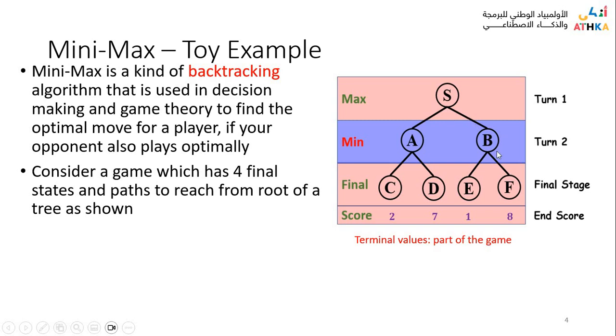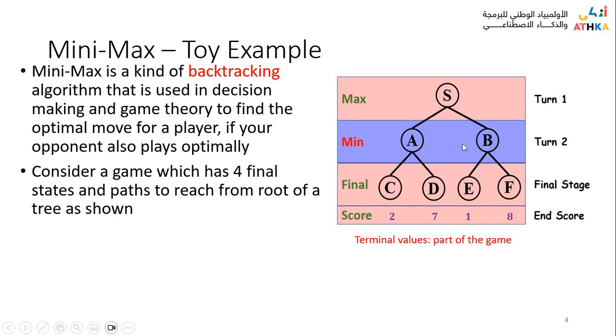And this is because if you choose B in the first one, the minimizer, or the opponent, will choose the E. And we call the player that's first starting the game over here the maximizer, and this is a person who is trying to maximize the utility. He's trying to go to the maximum utility he can achieve in this game. And the second person is called the minimizer. So there is a maximizer turn, and then there's a minimizer turn.